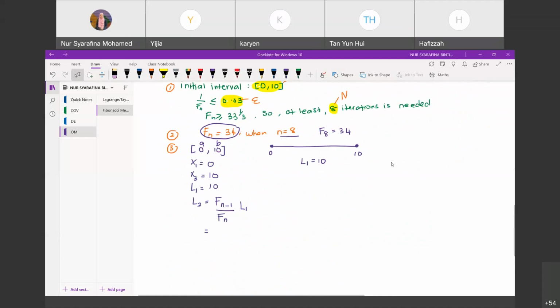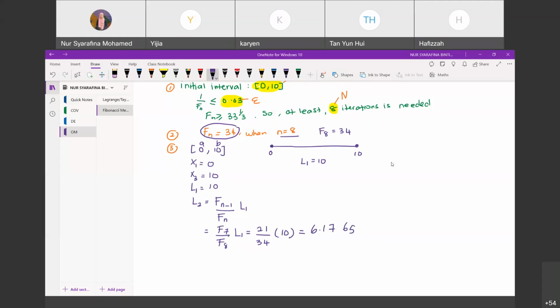So F7 divided by F8 times L1, 21 divided by 34 times 10. So L2 is 6.1765. So this is L2.